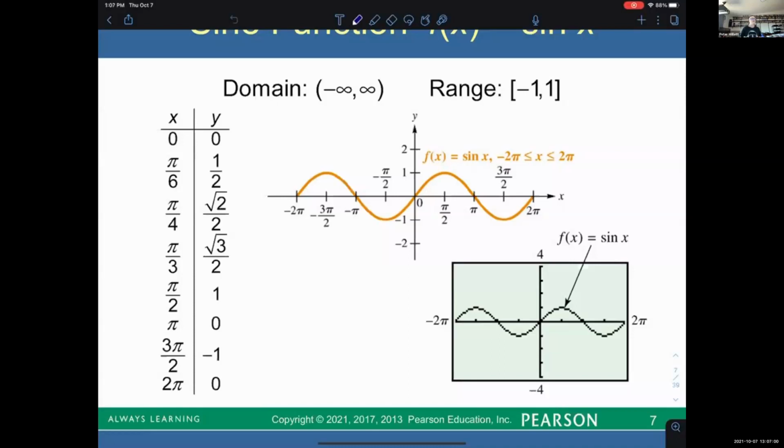These values on our table that we've grown familiar with are exactly what cause the graph to start at 0, 0, and then rise up to the top of that first bump at pi over 2, as the values get bigger and bigger and max out at 1. And then from there, they shrink back down to 0. They go down to -1 as the y value goes below the x-axis on the bottom half of the unit circle, and then back to where they started.